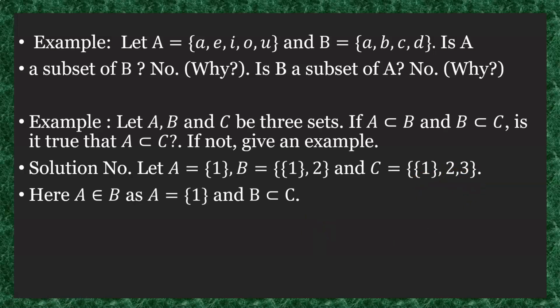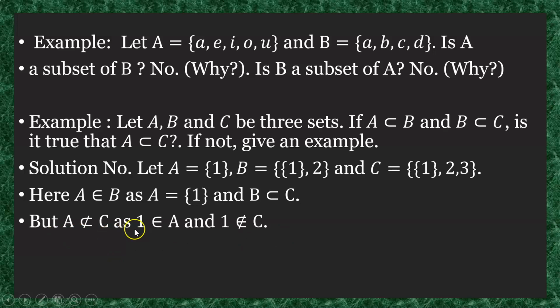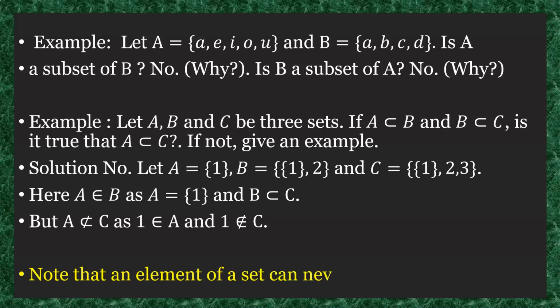Here, A has the singleton element 1 which belongs to B, and B is a subset of C. It's clear that all the elements of B are in C. But A is not a subset of C, as 1 belongs to A and 1 does not belong to C. Note that an element of a set cannot be a subset of itself.